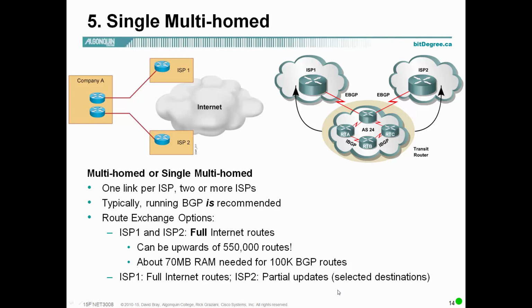Well, one obvious way is to say, that really is my backup link, but because I know that other provider will route faster to its customers, then only over this secondary link for the customers that are directly connected to ISP2, I will route this way. Otherwise, I'll always use the other one because this second ISP is really just my backup one. So that's one way to have a policy.